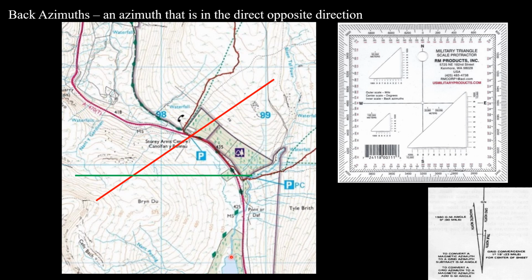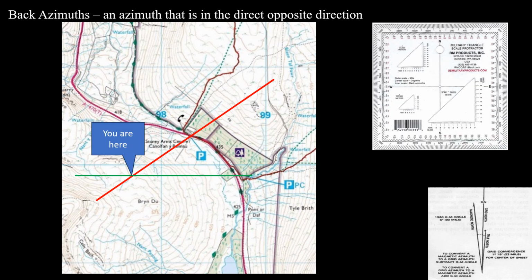Maybe you're trying to get back to here, something of that effect. So that's how you use back azimuths to triangulate your position to plot yourself on the map so you know where you're at. So there you are. You're there where those lines cross.